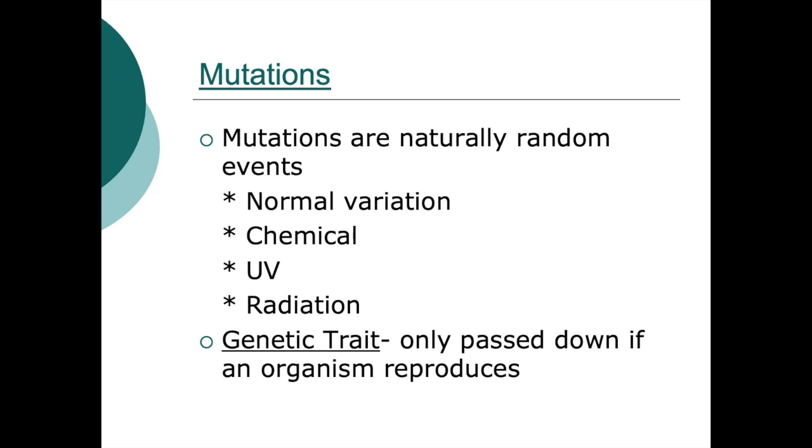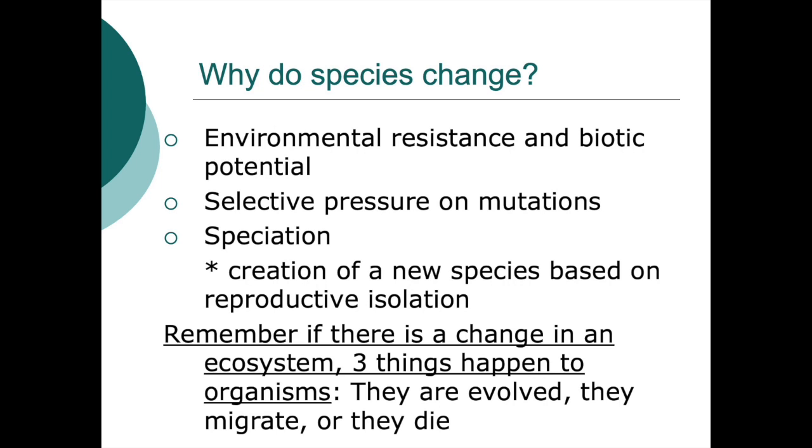They are a natural, random event, and they can be caused just through replication of DNA. They could also be exposure to chemicals, exposure to ultraviolet radiation, and then radiation itself, such as uranium, things like that.